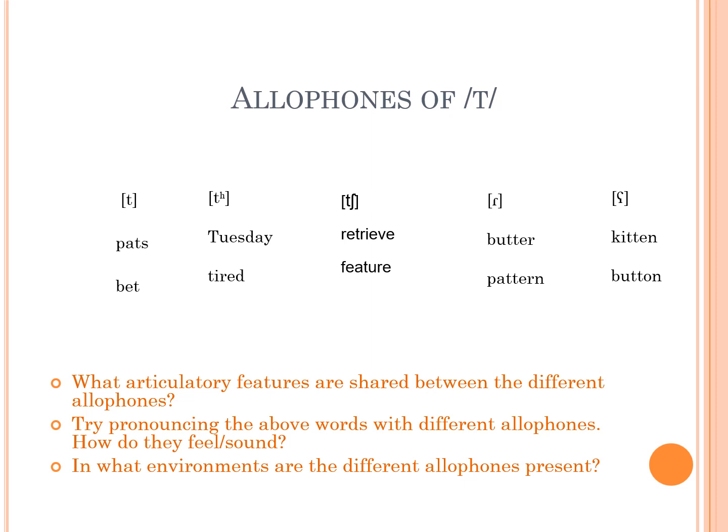And then, what are the different environments where we have these different allophones being present? So we're going to talk about how we have this co-articulation as we speak. The surrounding sounds are influencing how I create a specific sound. You can think about those environments or those contexts, so how you're co-articulating some of that. And I'm going to pause this here. I'm almost at 20 minutes.